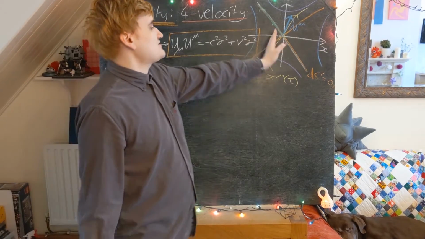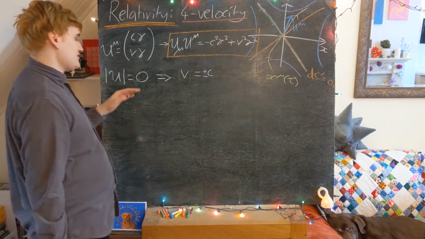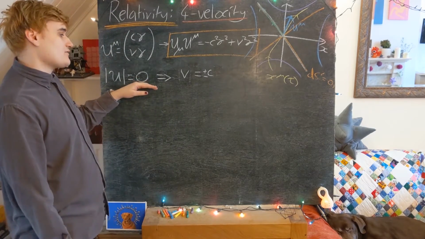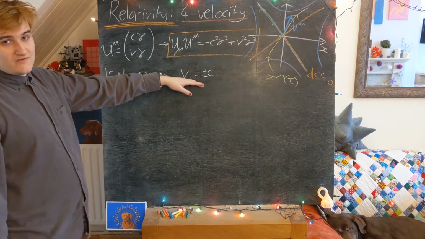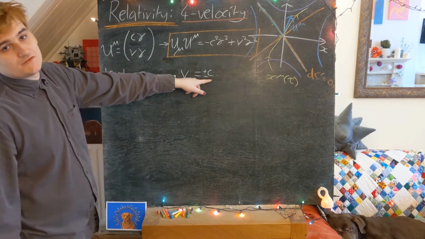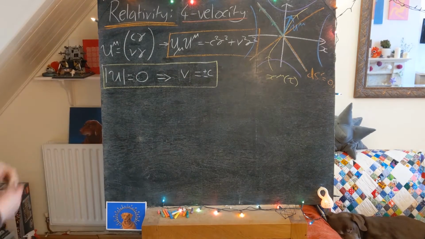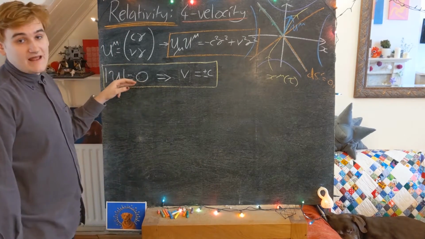A full velocity vector which is tangent to this line is going to be a full velocity vector that has 0 space-time length. And we've now just seen that that vector, a full velocity, is going to produce a coordinate velocity that is always equal to c.